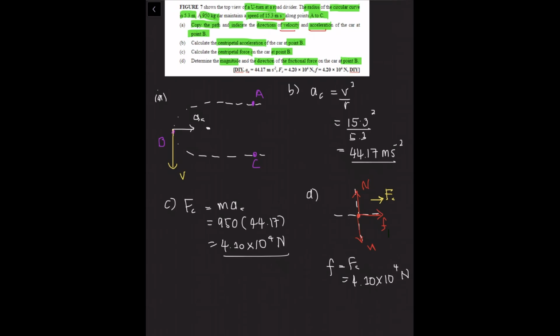And the direction of frictional force is directed towards the center of the U-turn path, because the frictional force is the centripetal force, and centripetal force is always directed towards the center of the circular path.